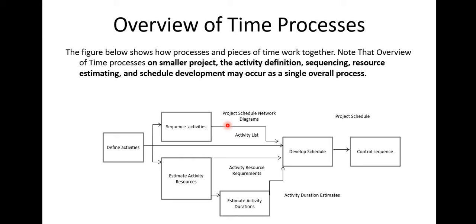Any further decomposition after the work package gives us activity list. And once we start talking about activity list, we are already little by little getting into schedule management, because activity list is the first and the easiest thing to work with under the schedule management.